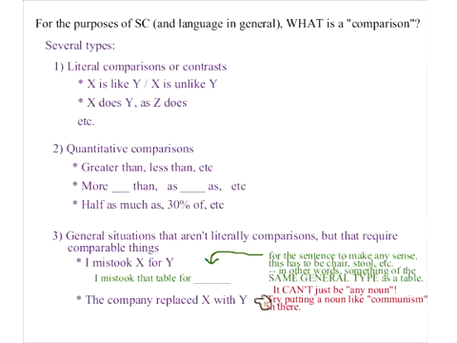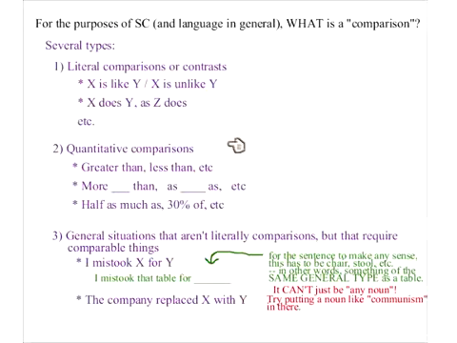Like the company replaced the work truck with a new van. That works. That makes sense. The company replaced its old work truck with a new building would make no sense. The company replaced its old work truck with communism doesn't make sense. All of those sentences are grammatically fine. They just don't make sense.